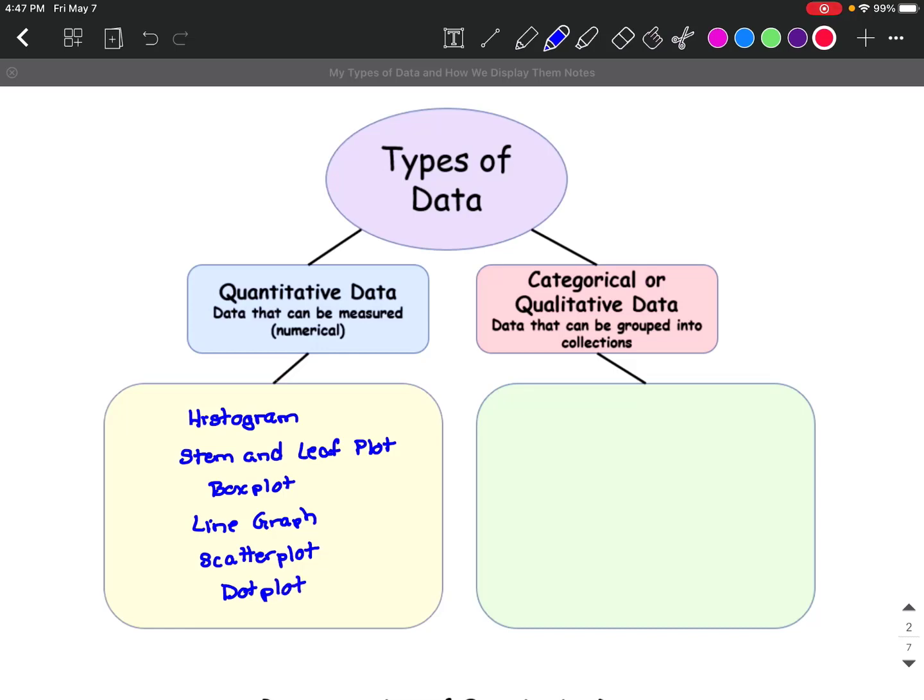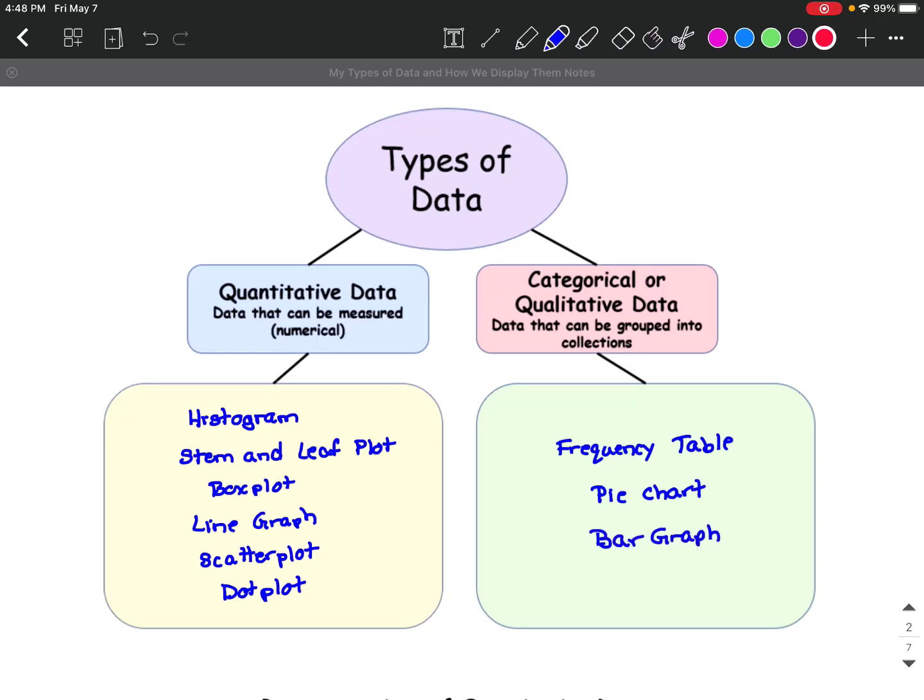Now the categorical or qualitative data, remember that's one that can be grouped into collections of categories or qualities. We might use a frequency table. We might use a pie chart or a circle graph, or we might use a bar graph.